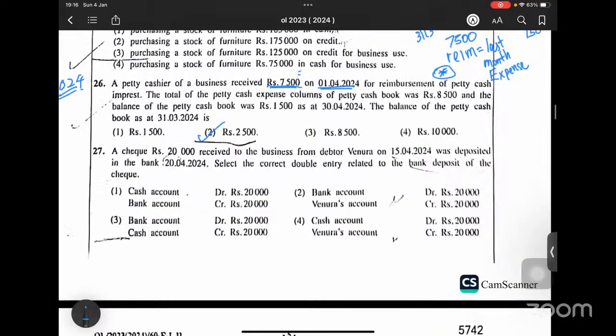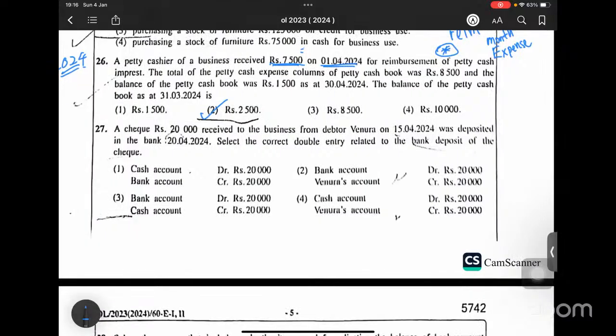A cheque of rupees 20,000 received by the business from debtor Venura on 15th April 2024 was deposited in the bank on 20th April. He received the cheque on 15th and deposited it on 20th.